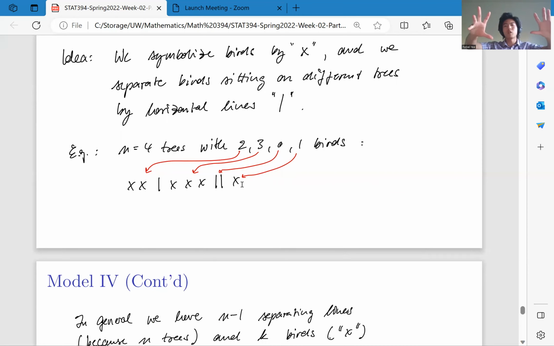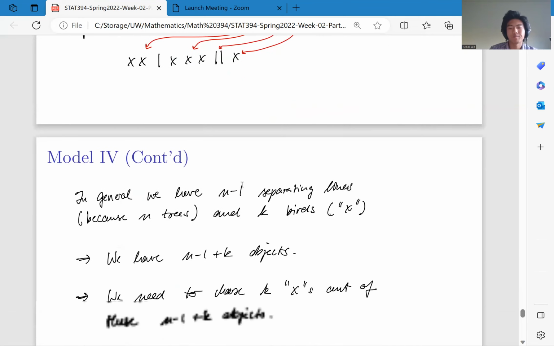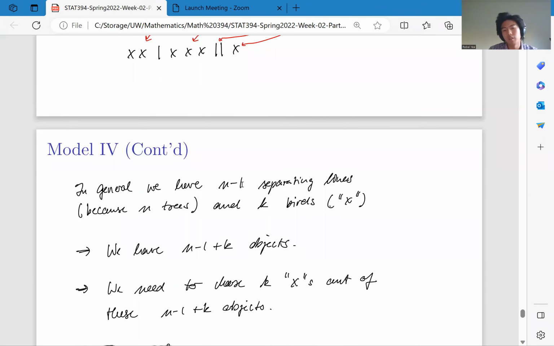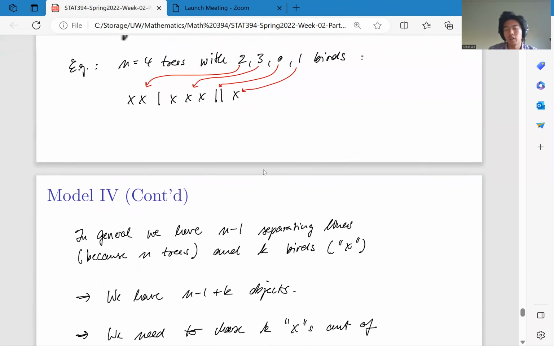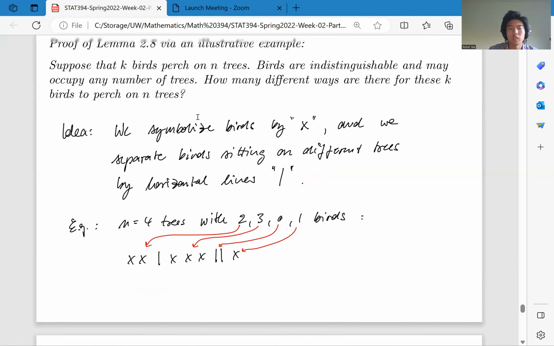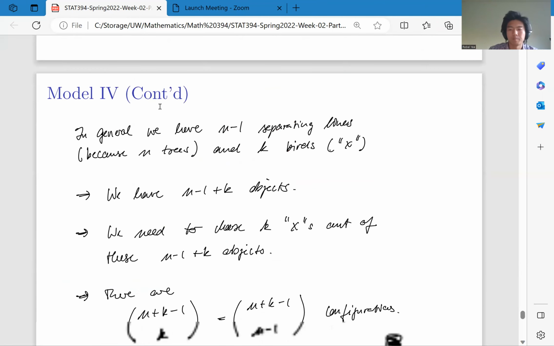If there are 2 trees there is only 1 boundary, and if there are 5 trees there are only 4 boundaries to separate them out. So if there are n trees, there will be n minus 1 vertical lines, and the number of x's will be k, which is already set in the problem.